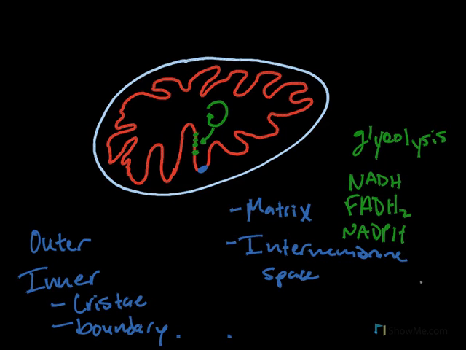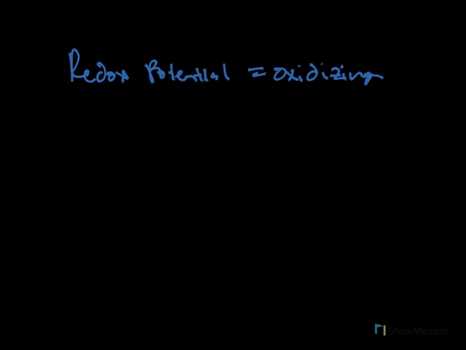So one thing to talk about really quick before we start talking about the electron transport chain is the concept of redox potential. Redox potential can easily be translated to oxidizing potential. And if you remember what it means to oxidize something, it means to take electrons away from something. And reducing something is to give electrons to something.